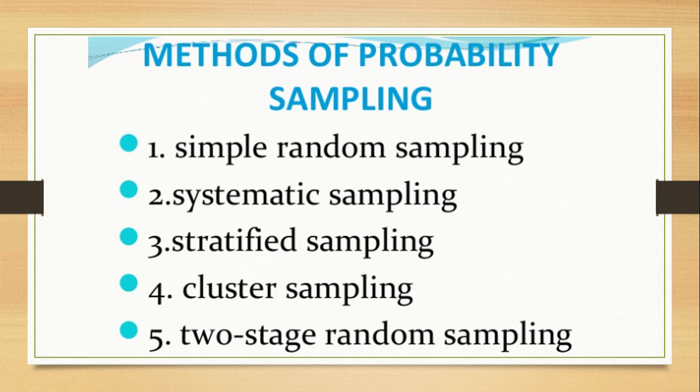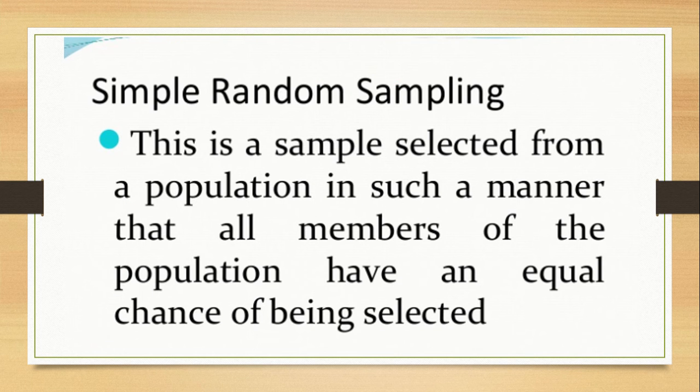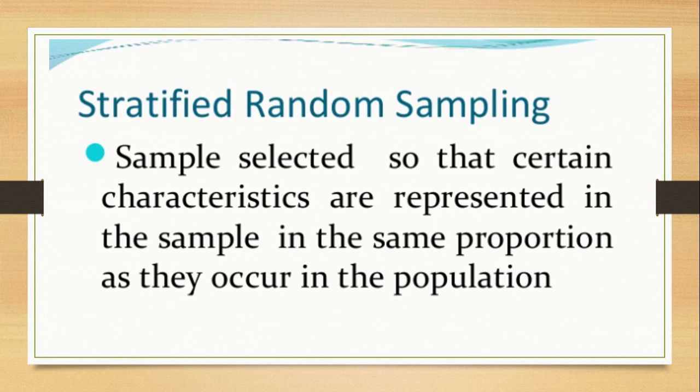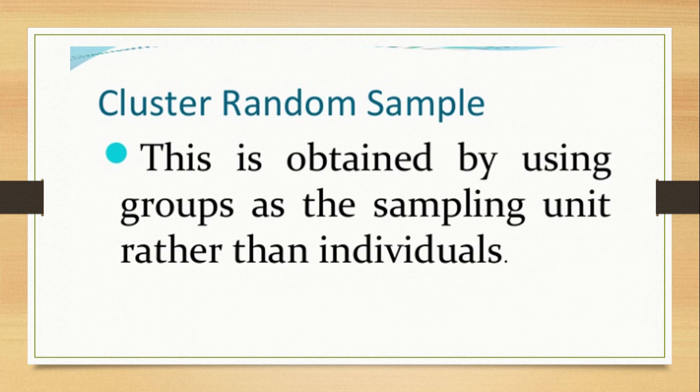So here are the details of each item. Simple random sampling is a sample selected from a population in such a manner that all members of the population have an equal chance of being selected. Alright, then for stratified random sampling, the sample is selected so that certain characteristics are represented in the sample in the same proportion as they occur in the population.